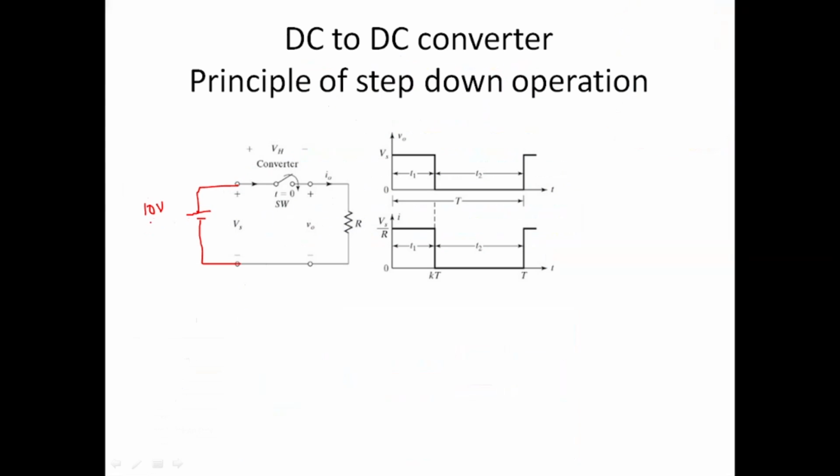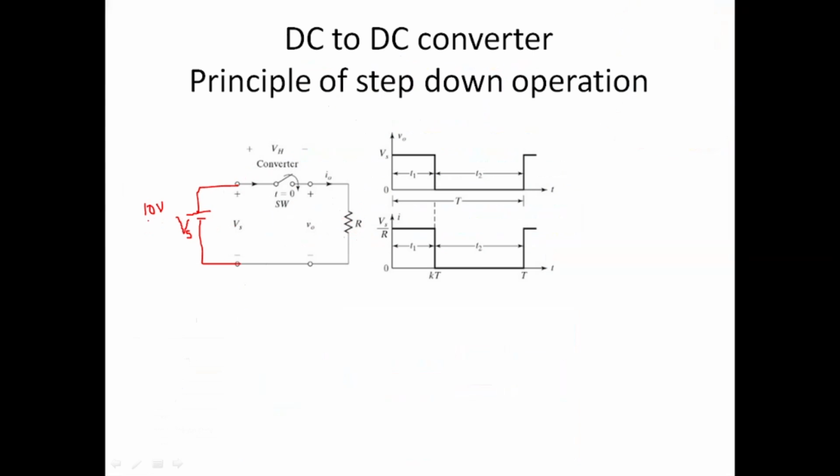Instead of using a numerical number, I will write the DC source having a value, capital letter Vs. So this 10 volts or Vs is converted to some other voltage. For an example, assume that we need to deliver something like 4 volts to this load. So how to convert this 10 volts to 4 volts?